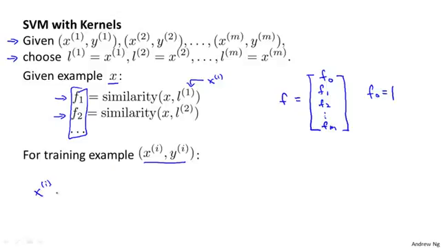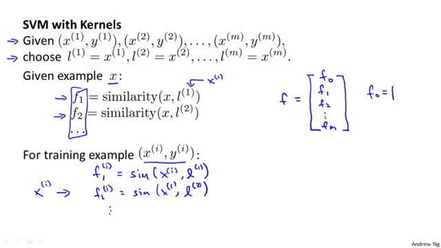Given xi, we would map it to f1 superscript i, which is the similarity, and I'm going to abbreviate it as SIM instead of writing out the word similarity, between xi and L1. And f2 superscript i equals the similarity between xi and L2, and so on down to fm superscript i equals the similarity between xi and Lm.